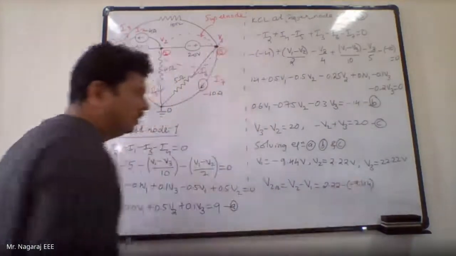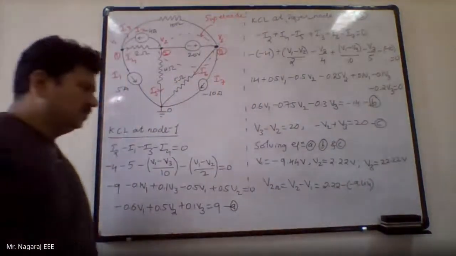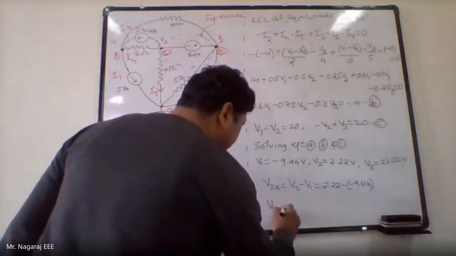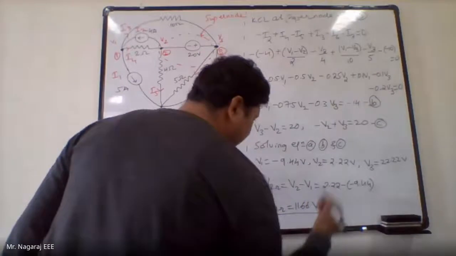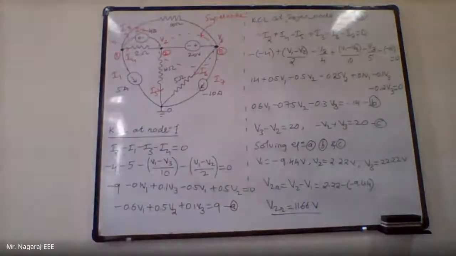Don't forget to include the sign there. So this is equal to 11.66 volts. So this is how we are solving the supernode example.